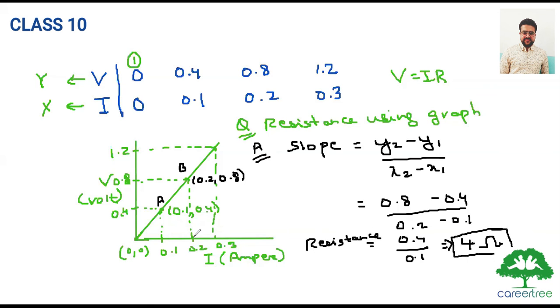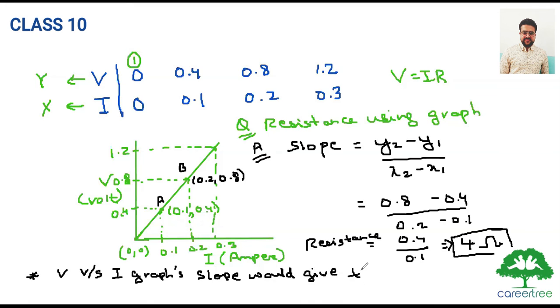So if I have to conclude here, I can say a V potential difference versus I current graph's slope would give the resistance.